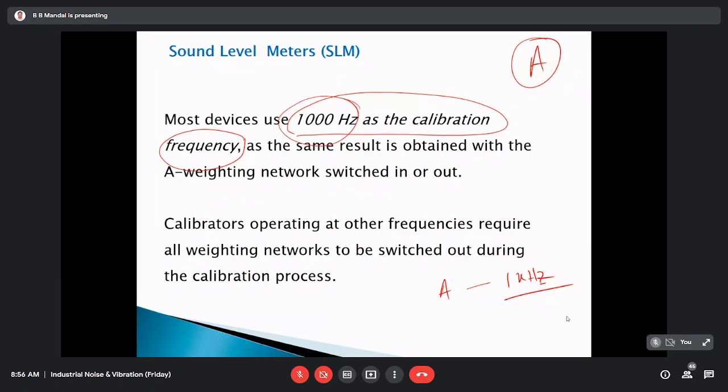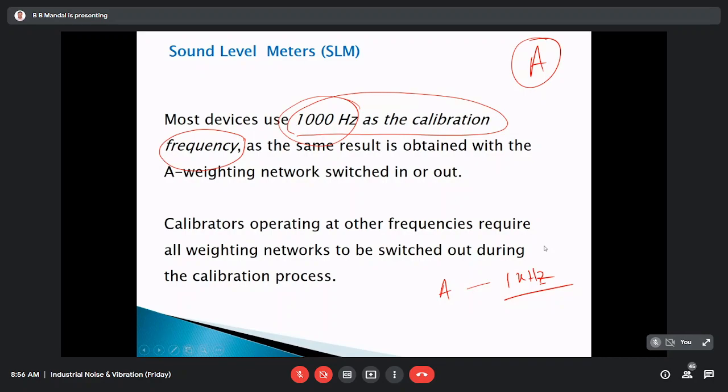So the calibrators use 1 kilohertz as the calibration frequency. Whether you switch on an A-weighting network or switch it off, it doesn't matter. That's why it is said that calibrators operating at other frequencies require all weighting networks to be switched out.